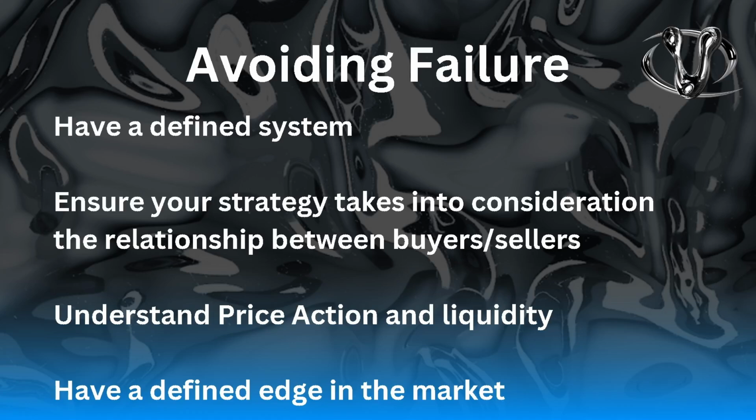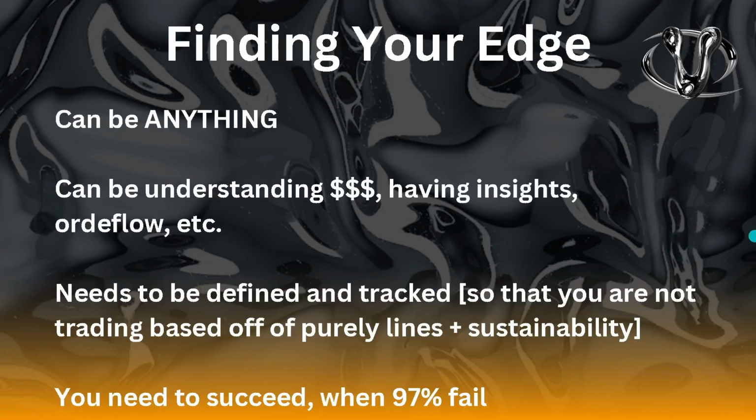Now, you want to have a very defined edge, a very defined advantage in the market. You want to have your house edge that gives you a 2 to 3% minimum edge so that in the long term, even if you go on losing streaks, you can succeed. So, finding your edge can be a very complicated process, and honestly, your edge can be anything.